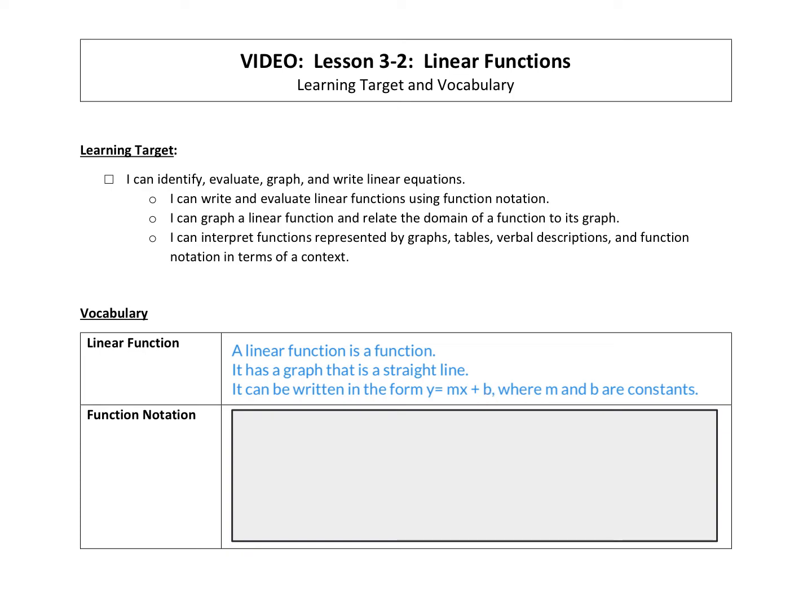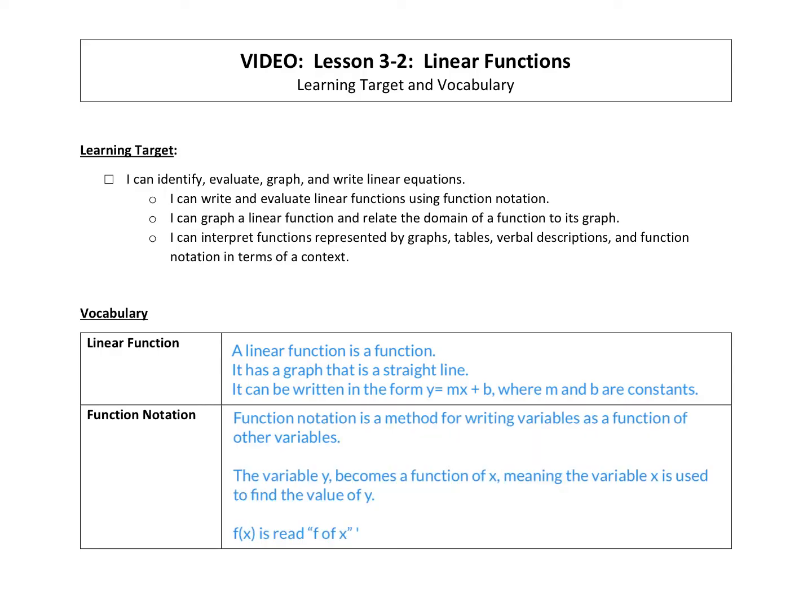All right, now this function notation, I actually don't know if you guys have learned about this before. I guess you'll let me know. But function notation is a method for writing variables as a function of other variables. The variable y becomes a function of x, meaning the variable x is used to find the value of y.